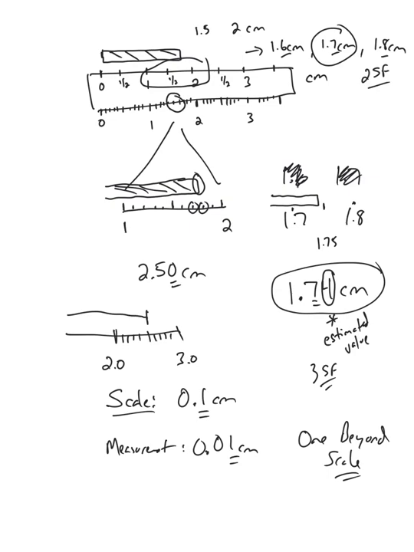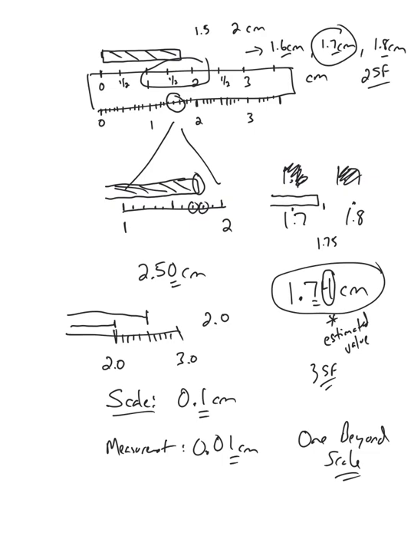It's pretty easy to figure out how many decimal places you need when the object is between two tick marks. It's a lot harder when it's right on a tick mark, because you've got to be able to figure out what the scale is and what's one beyond that. It's even harder when you would have an object that would come right at the 2.0 line, because that line is at 2.0.